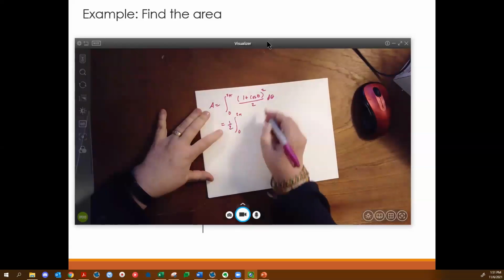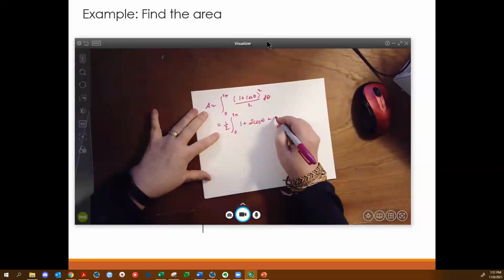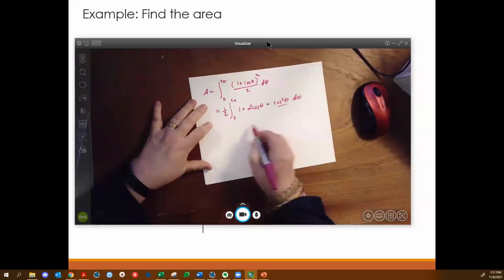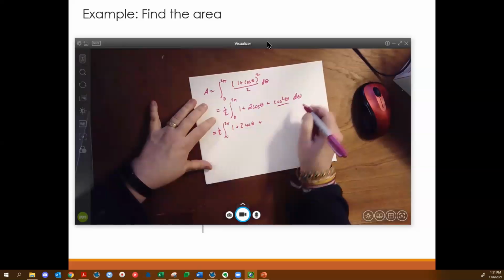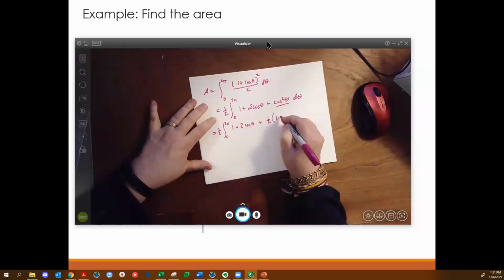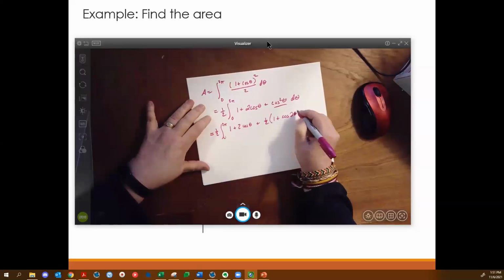Multiplying that out, I get 1 plus 2 cosine theta plus cosine squared of theta, d theta. That's going to be a little bit of work, but this is straightforward. Let's just go ahead and do the whole thing at once. So I'm not going to integrate yet. Rewriting cosine squared as 1/2 times 1 plus cosine of 2 theta, d theta.